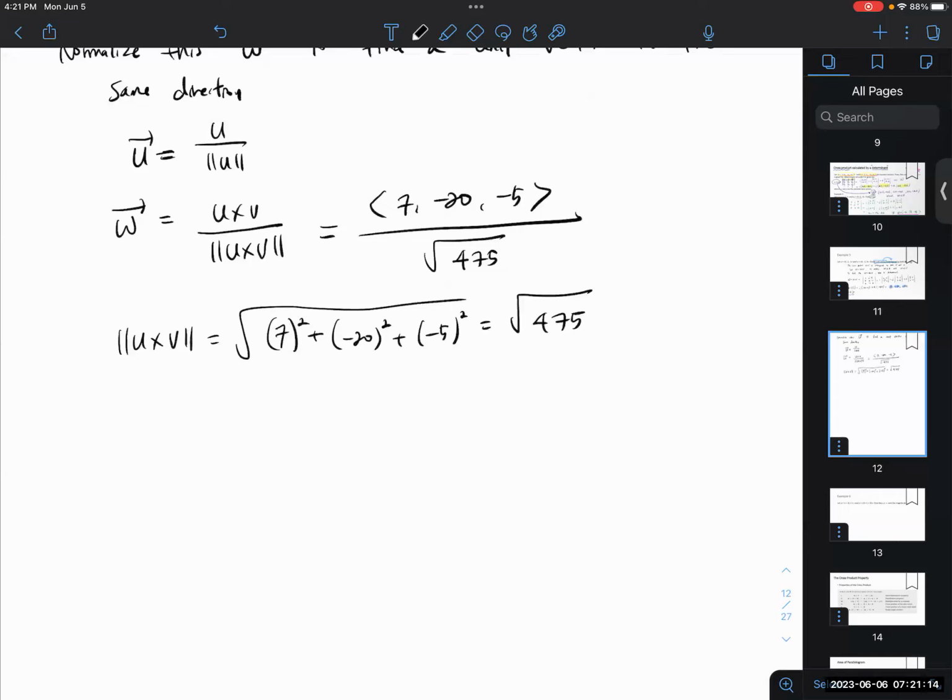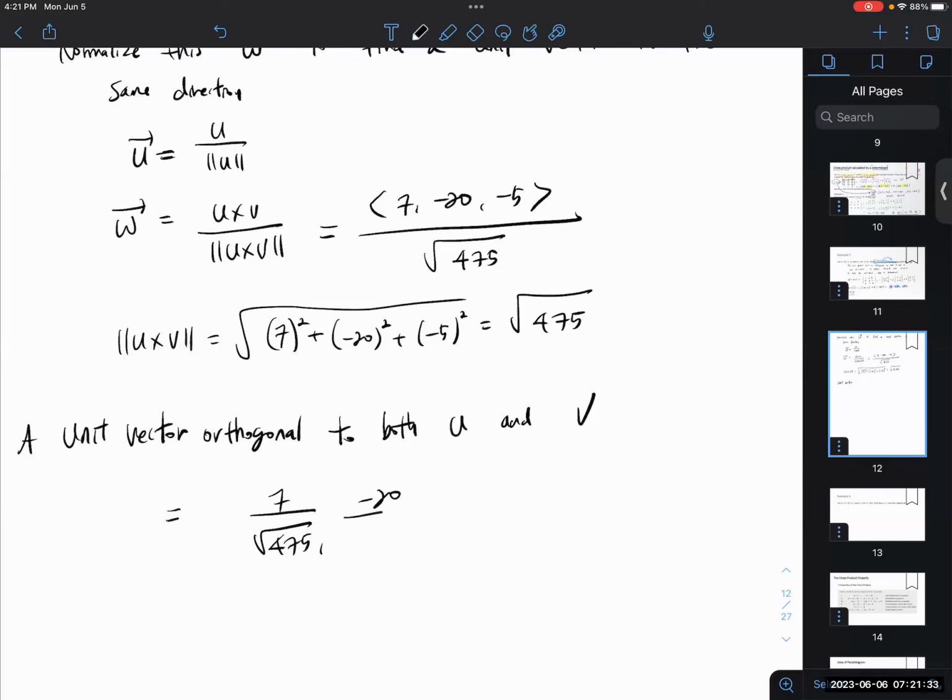Therefore, the unit vector orthogonal to both u and v is going to be 7 over radical this, negative 20 over radical that, negative 5 over radical this. So this is the unit vector orthogonal to both u and v.